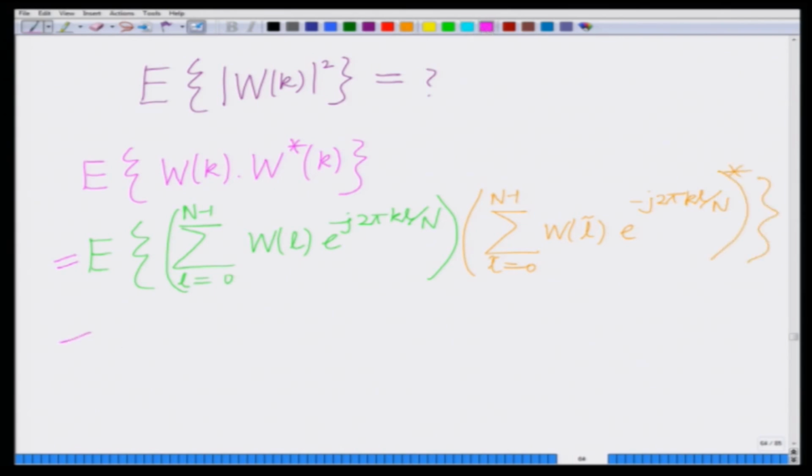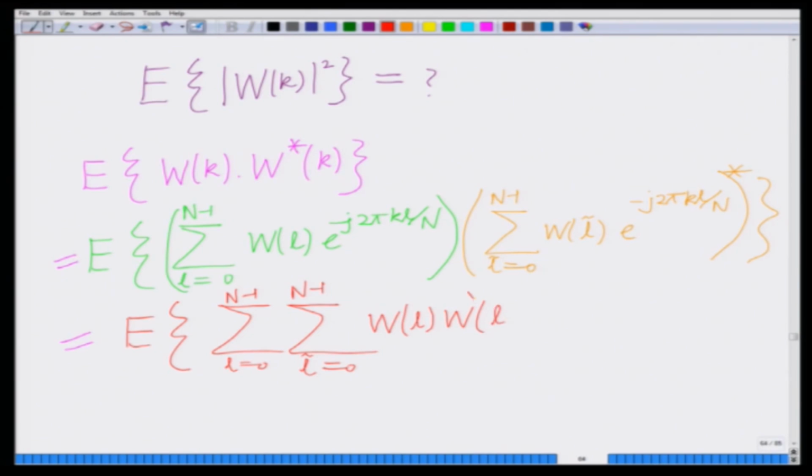which is equal to, I can write this as the expected value of the double summation over l and l tilde from 0 to n minus 1 of w(l), simply taking the product, w conjugate of l tilde, e to the power of minus j 2 pi k (l minus l tilde) divided by n.